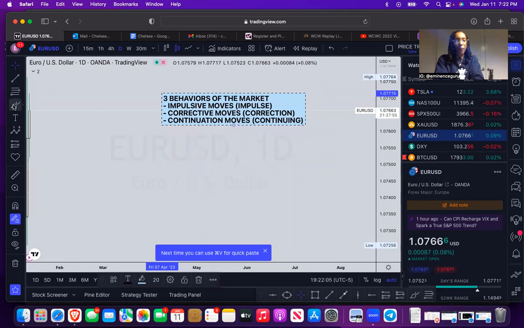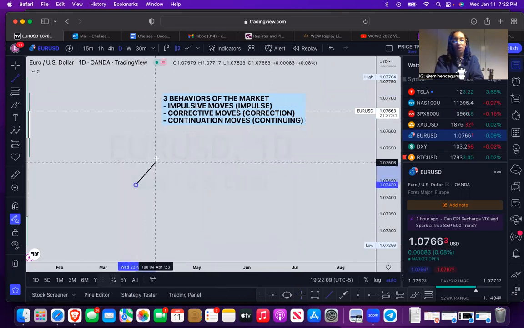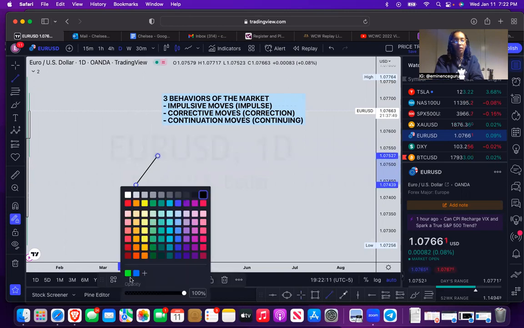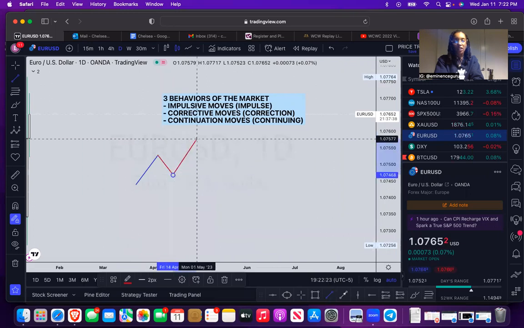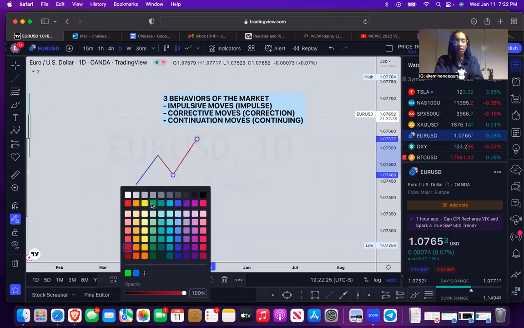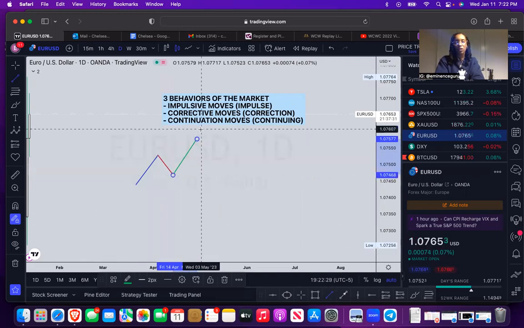Here's what it looks like. Impulse looks like that. Then correction, it'll pull back. Pull back, and then continuation. Impulse, correction, continuation.